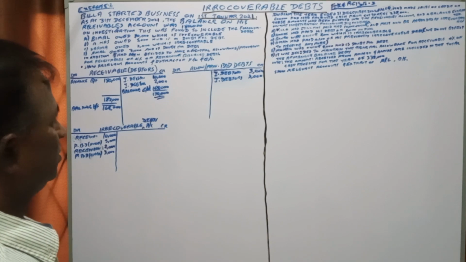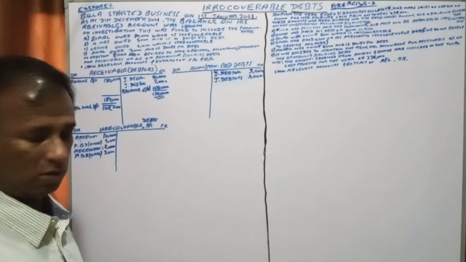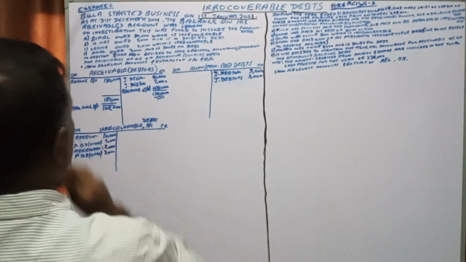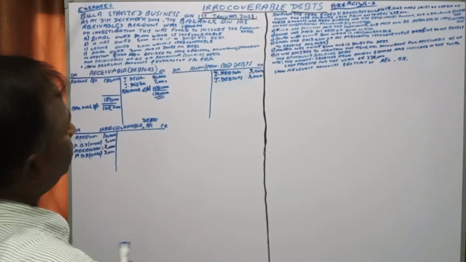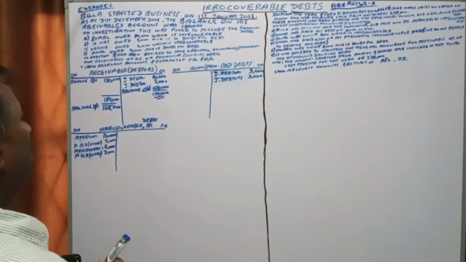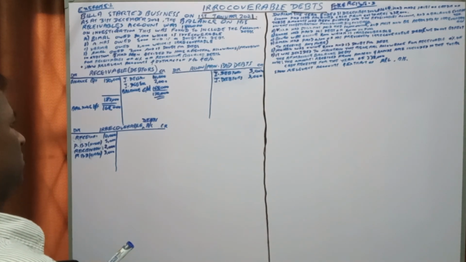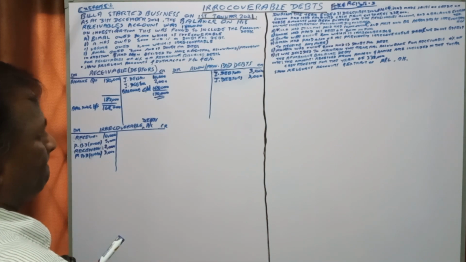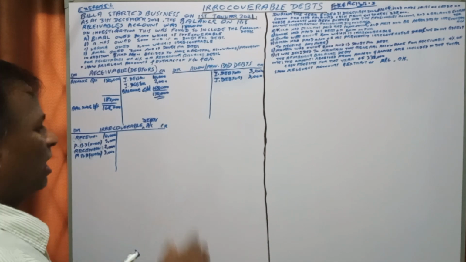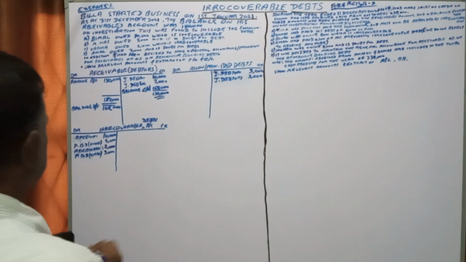For that 4%, we are going to make an adjustment. How can we calculate this? Yes, I will show you the calculation.